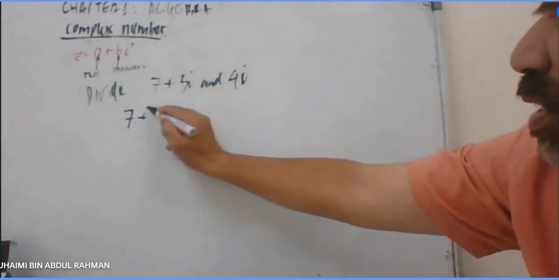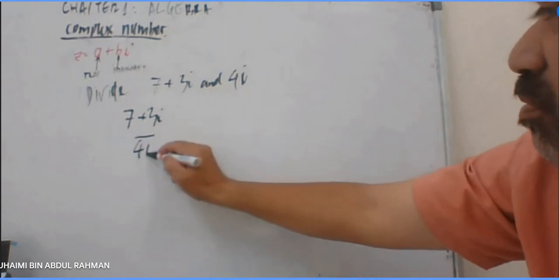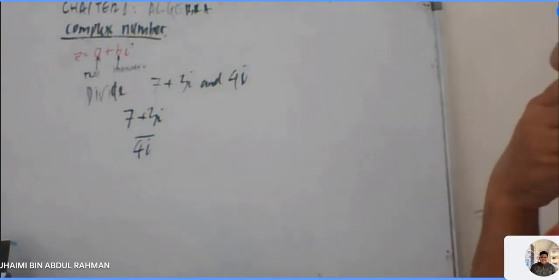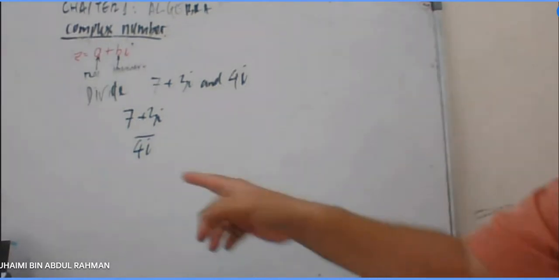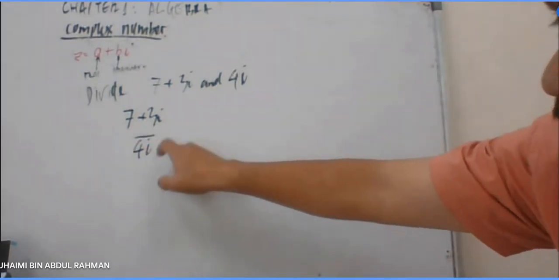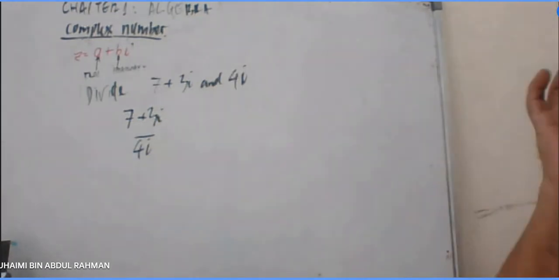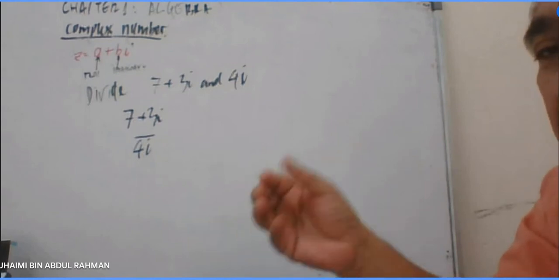So 7 plus 3i divided by 4i. Remember that what we want to divide by here is just 4i. 4i here we consider as a complex number because 4i comes from 0 plus 4i.